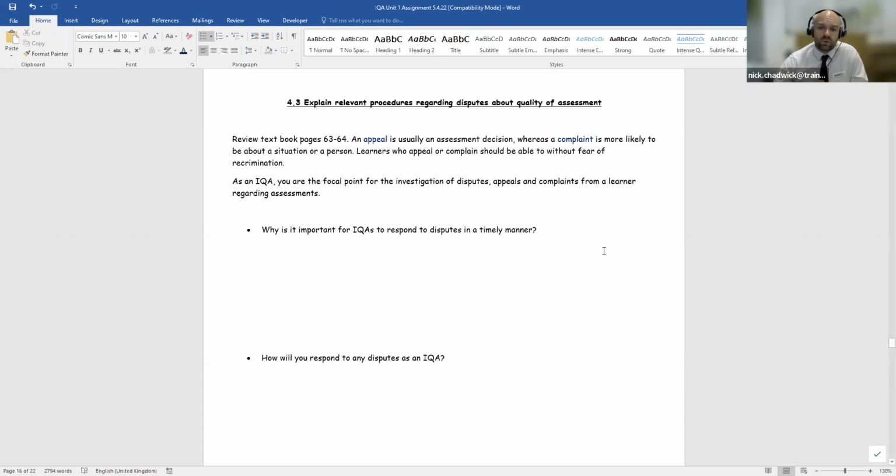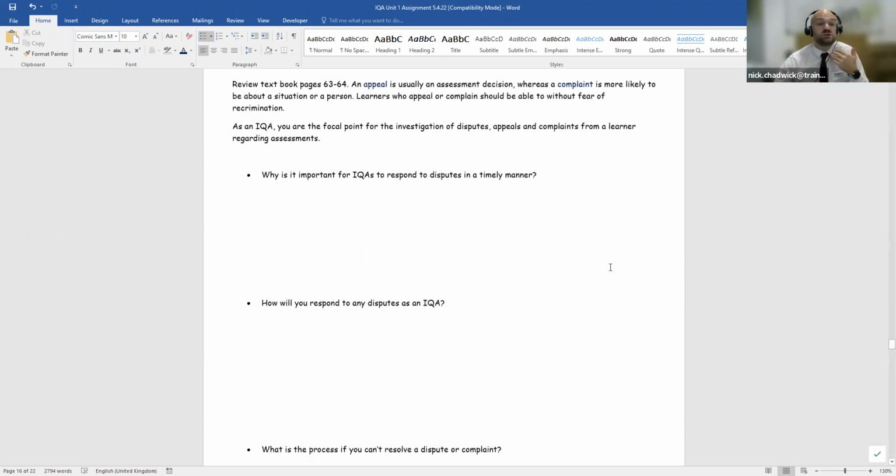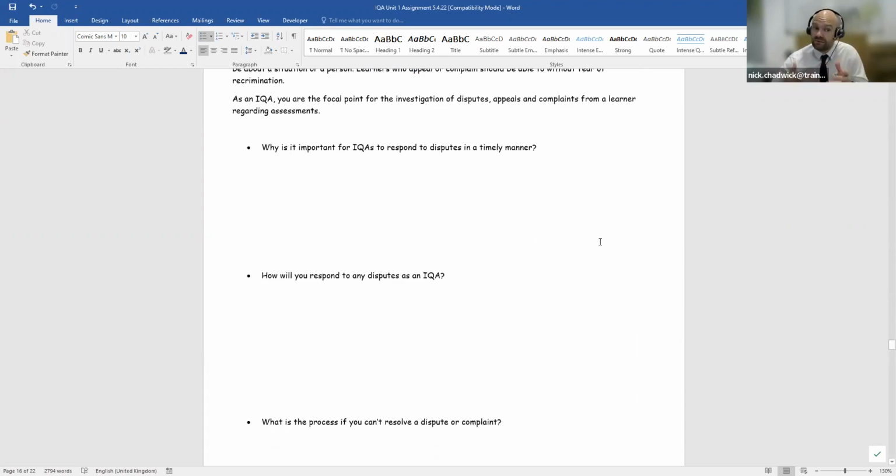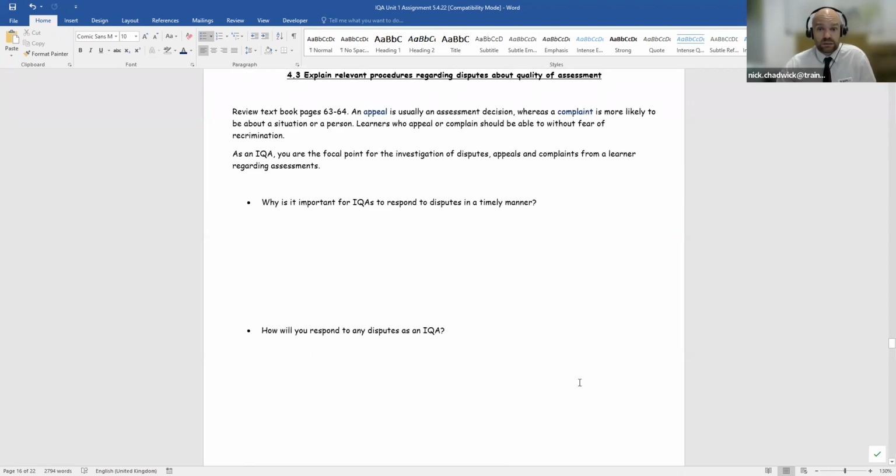Okay. Now, what we would like for you to do is to just explain some of the key features of appeals, disputes, and complaints. So the first bullet point there, as we can see, is why is it so important for IQAs to respond to disputes in a timely manner? Okay, so obviously if a dispute or a complaint has happened, it's best to investigate that immediately.